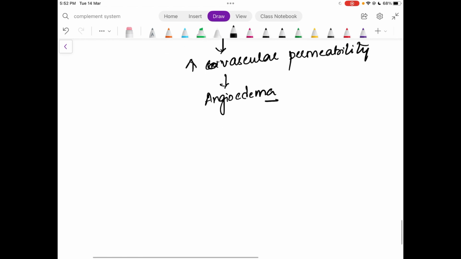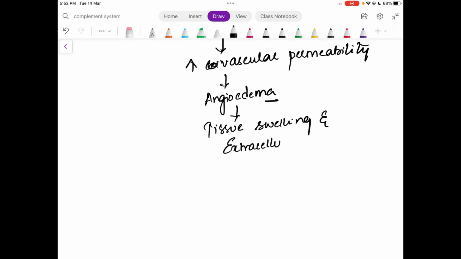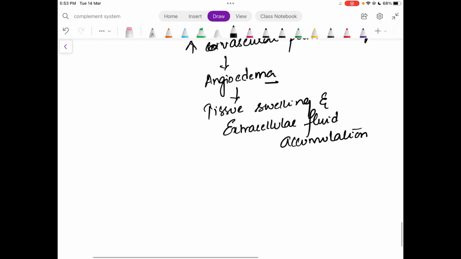Okay, what happens in this angioedema? There will be a tissue swelling, and extracellular fluid accumulation will be there. Tissue swelling and extracellular fluid accumulation will be there.